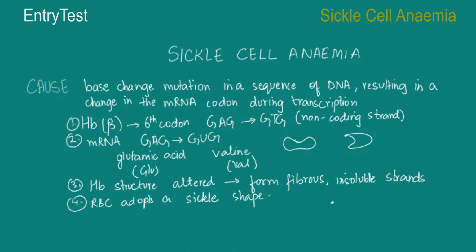So what are the consequences of sickle cell anemia? The major consequence is that hemoglobin becomes insoluble. It cannot effectively carry oxygen. Due to this, a lot of other things happen, and the individual can constantly feel tired.